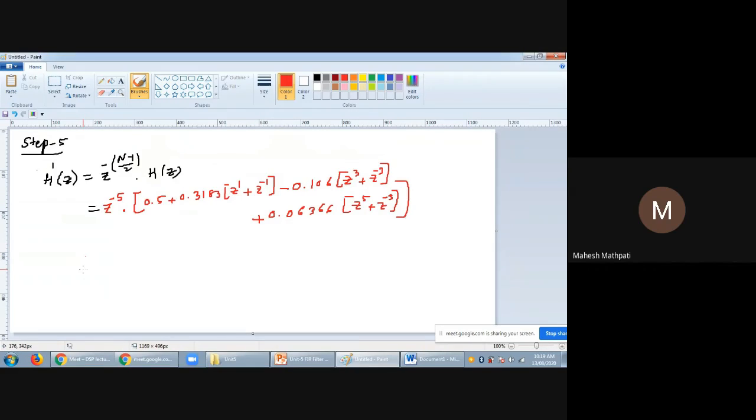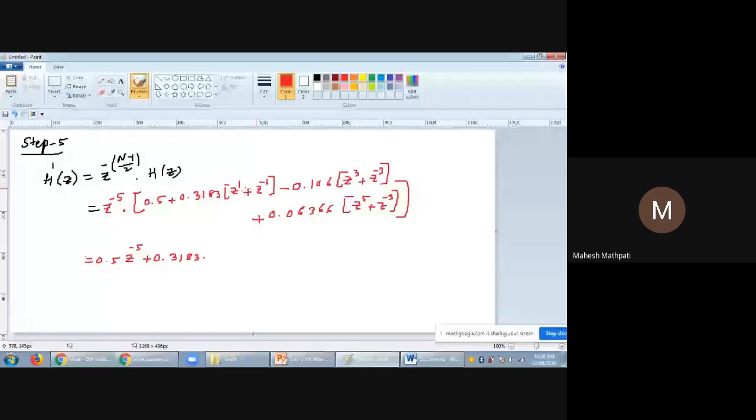So, which will be equals to 0.5 into z to the power minus 5, plus 0.3183 into z to the power minus 5 into z to the power 1.